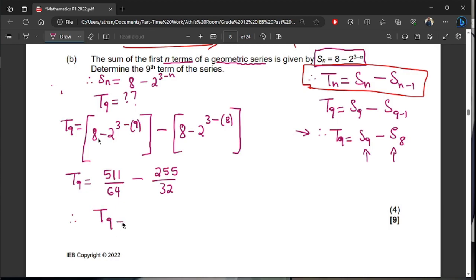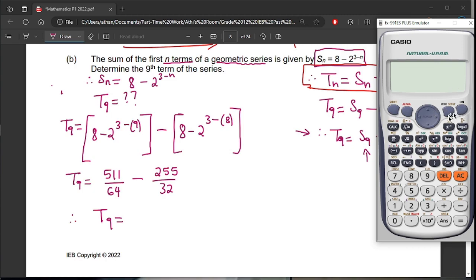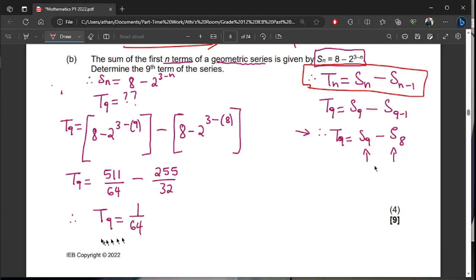Therefore, the ninth term of this geometric series is going to be 511 divided by 64 minus 255 divided by 32. This gives me 1 over 64. That's the answer. I hope it makes sense, guys.